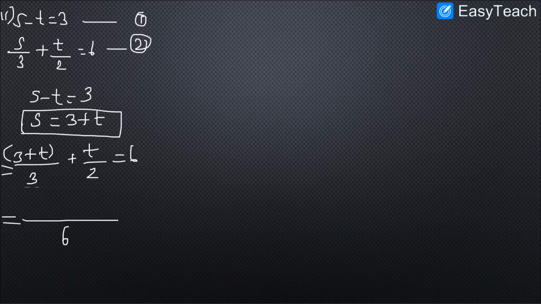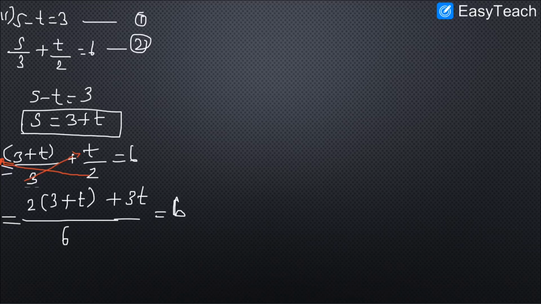The next step is, I multiply the first term by 2 and the second term by 3. This is what the LCM does here. This is how you perform the LCM. So 2 into 3 plus t plus 3 into t equals 6 as it is.